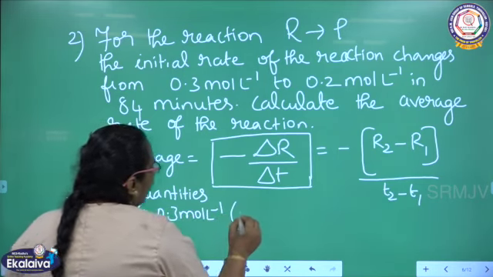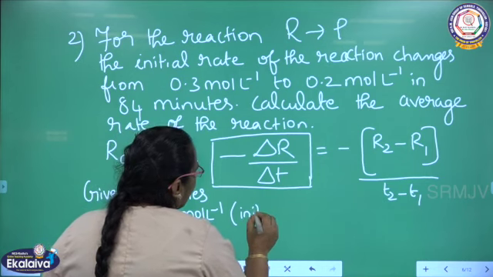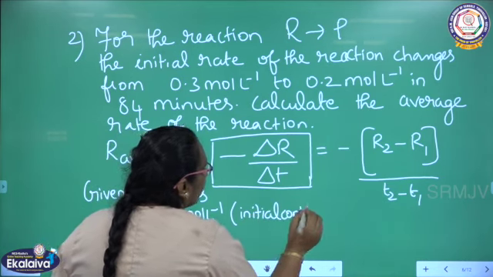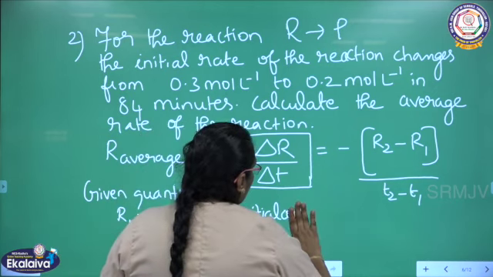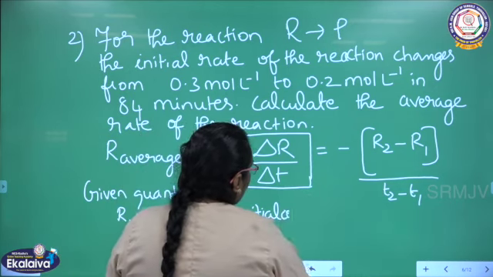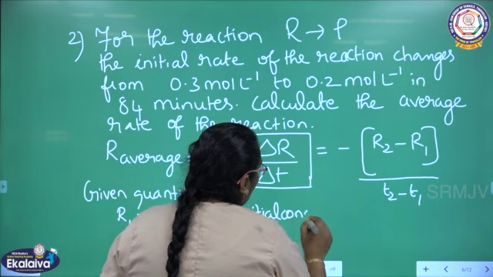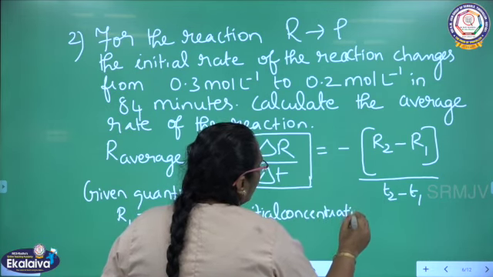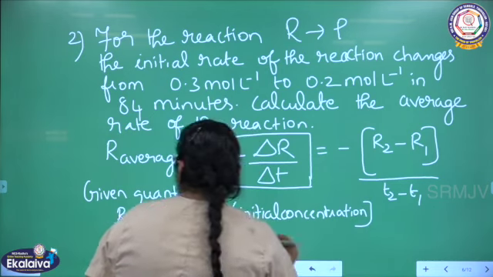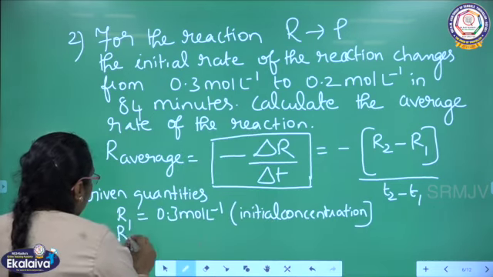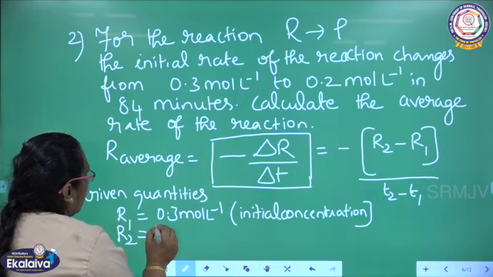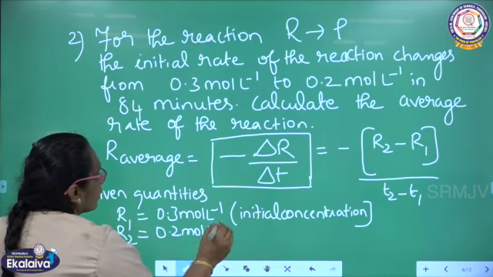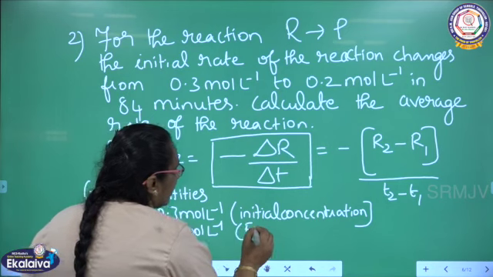R1 is nothing but the initial concentration of the reactant, which is 0.3 moles per liter. What is R2? Final concentration, which is nothing but 0.2 moles per liter.